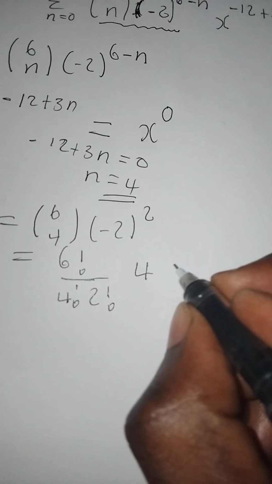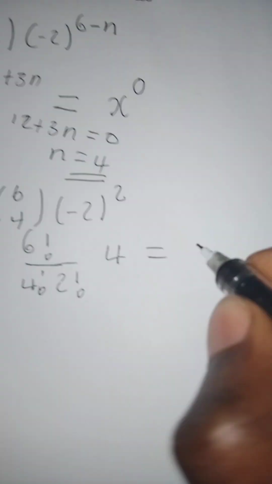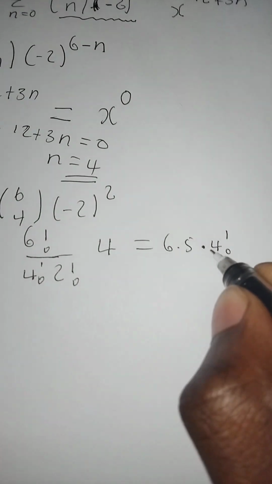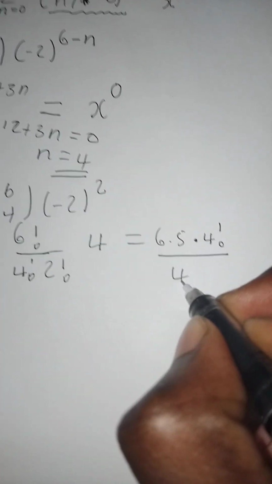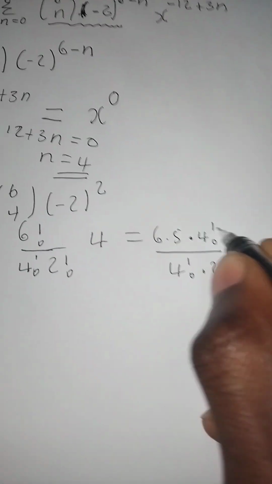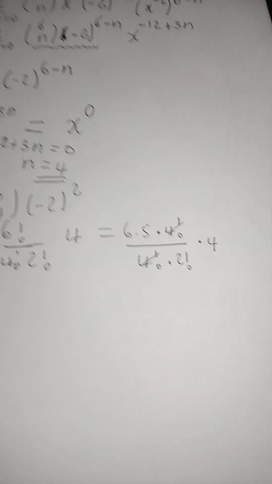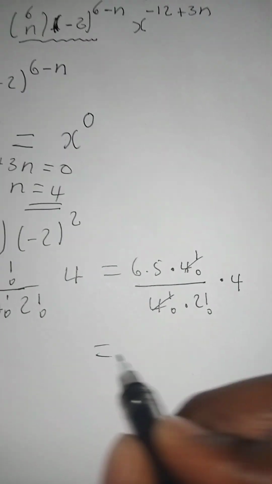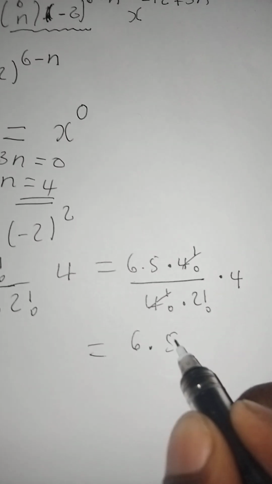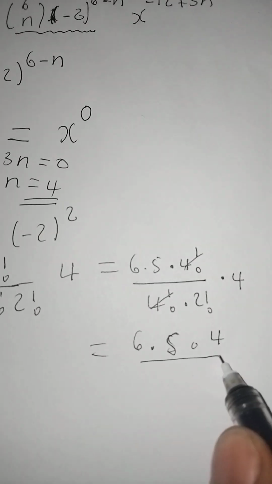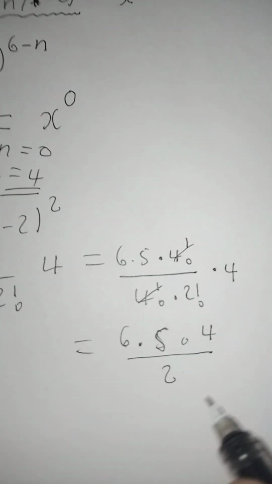Okay, so I can simplify this. If we try to simplify that, what are we going to get? We can write 6 factorial as 6 by 5 by 4 factorial. Okay, then divided by 4 factorial times 2 factorial multiplied by 4. So this 4 factorial and that one are going to cancel out. Okay, then what can we say? We are going to be left with 6 by 5 and by this 4 here, this 4 divided by 2. 2 factorial is the same as 2.